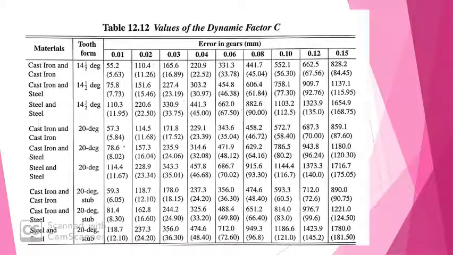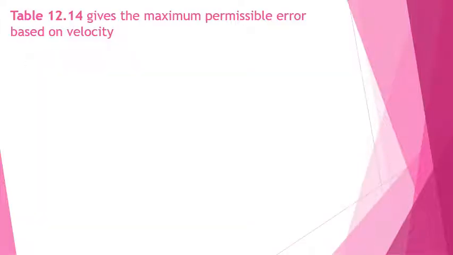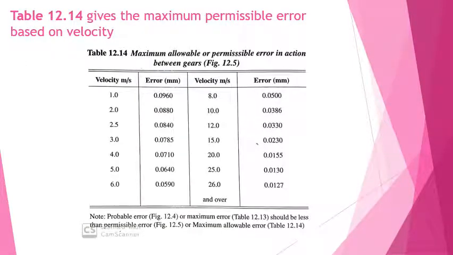Next we can find the value of the dynamic factor capital C using table number 12.12, depending upon the combination of the materials, the type of tooth form, and the value of the error small e. Table number 12.14 gives the maximum permissible error based on the velocity, so based on the velocity we can find the maximum permissible error from this table.